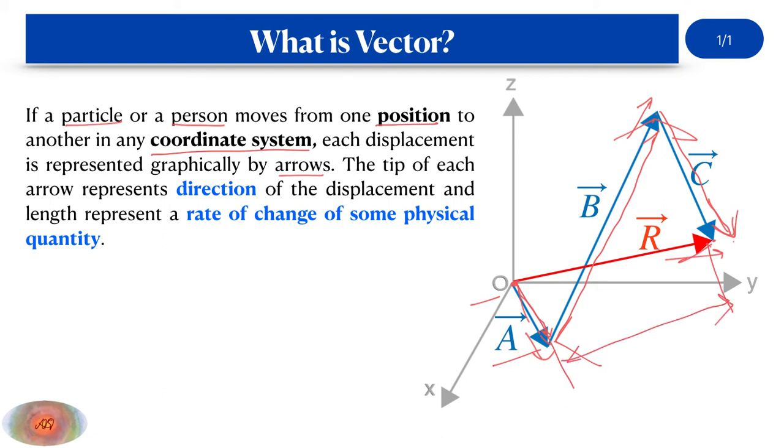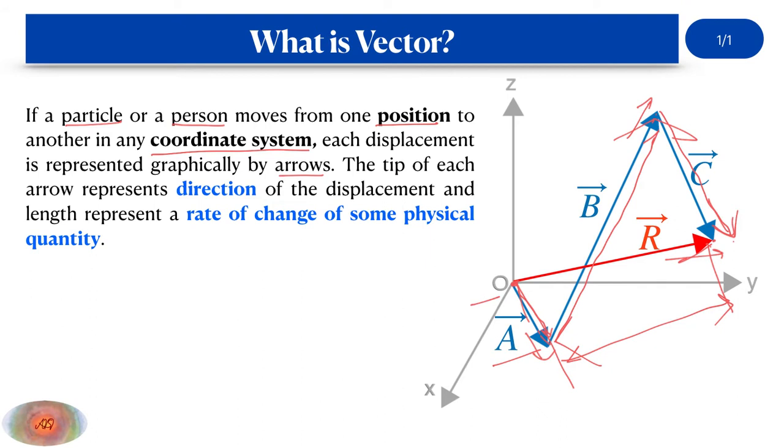Therefore, the arrowhead of a vector represents the direction of the displacement, and the length of the vector or the length of the arrow represents the magnitude of some rate of change of some physical quantity. In this case, as I have considered the movement of a person, that rate of change represents the velocity of that person.